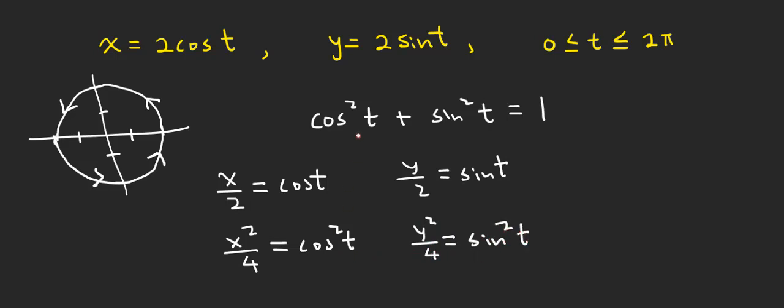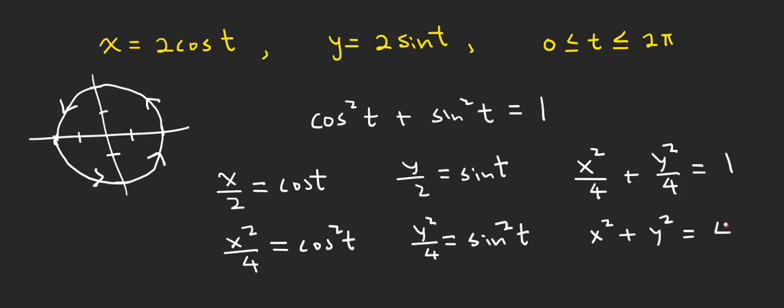So using substitution, we're going to get x squared over 4 plus y squared over 4 equals 1. Now I'm going to multiply everything by 4. You're going to get x squared plus y squared equals 4. Now remember, this is an equation of a circle with the center 0, 0.